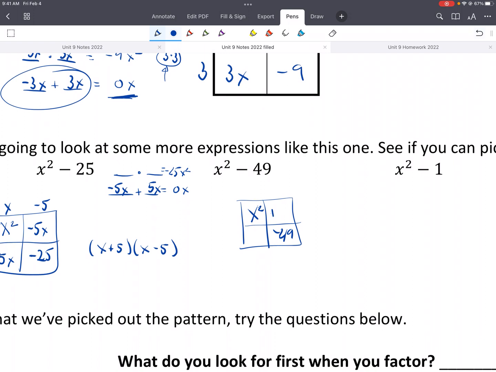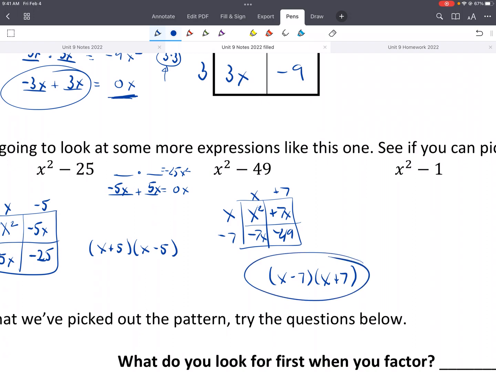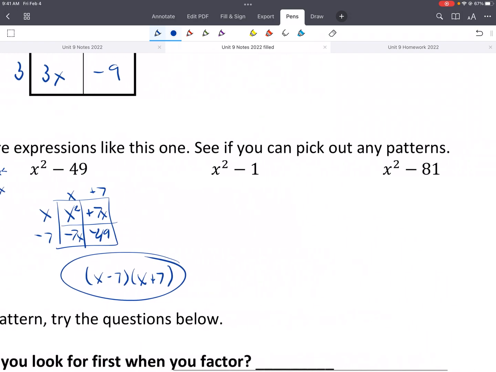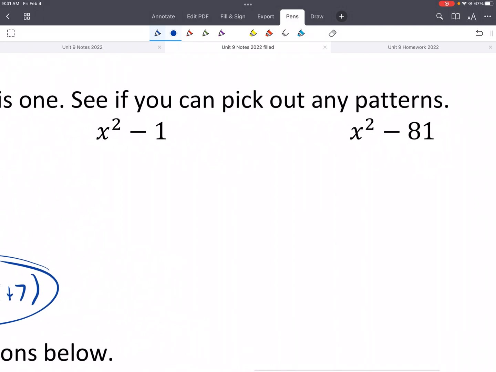So we'll do a positive 7 and a negative 7. We've got x and negative 7, and x and positive 7, so x minus 7 and x plus 7. Again, the order of those parentheses doesn't matter. Why don't you pause and give these ones a try.